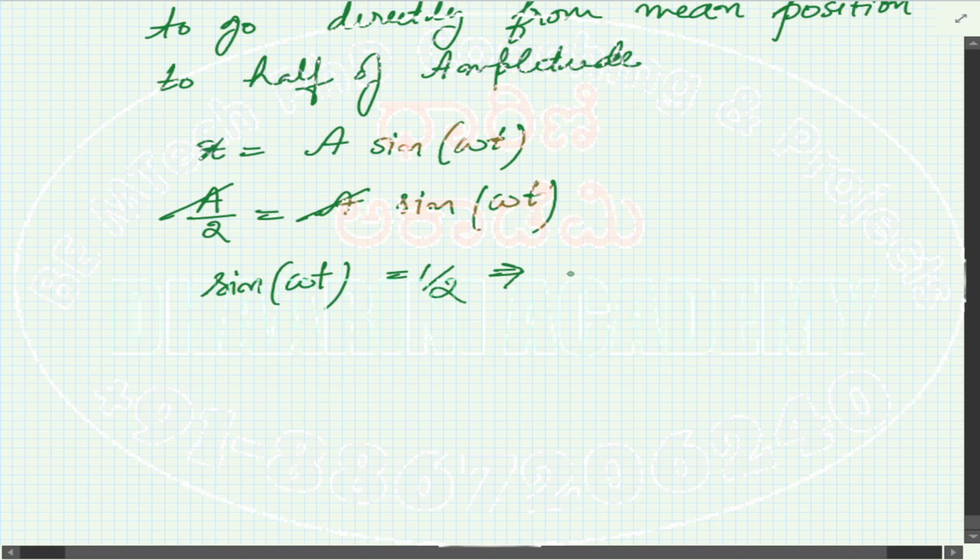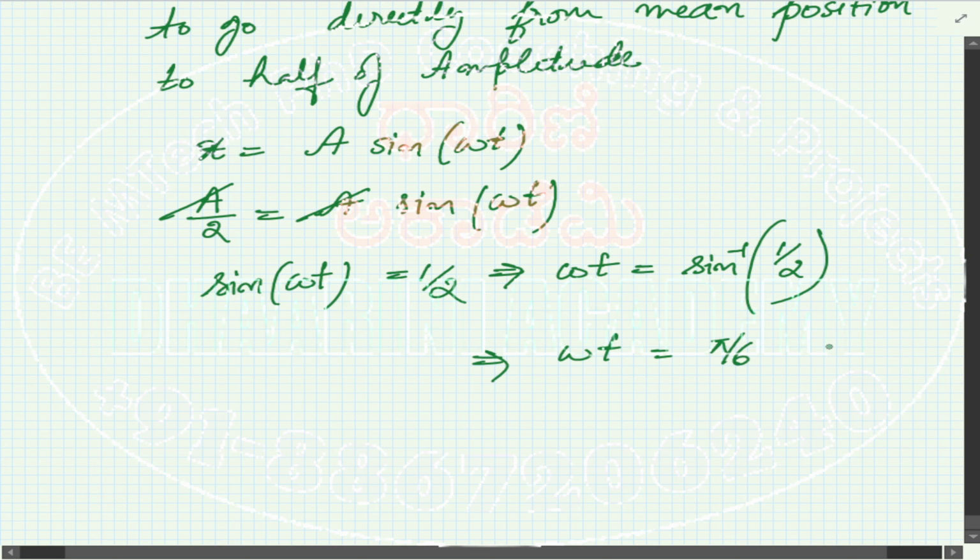So omega t is sine inverse of half, which is pi by 6, 30 degrees. Now to calculate the time, t is equal to pi by 6 times omega.